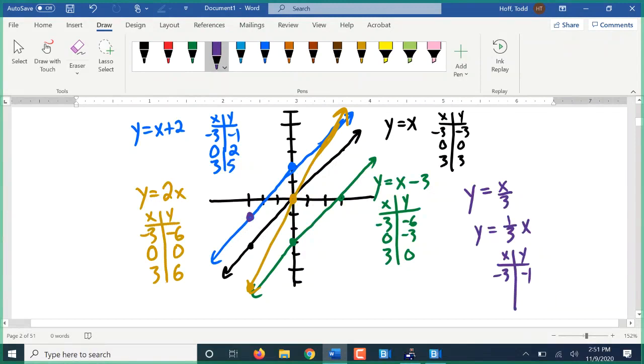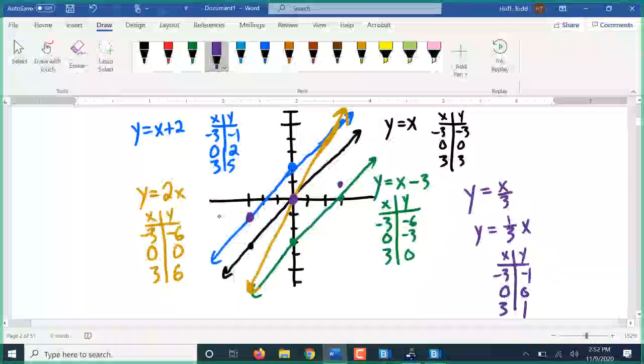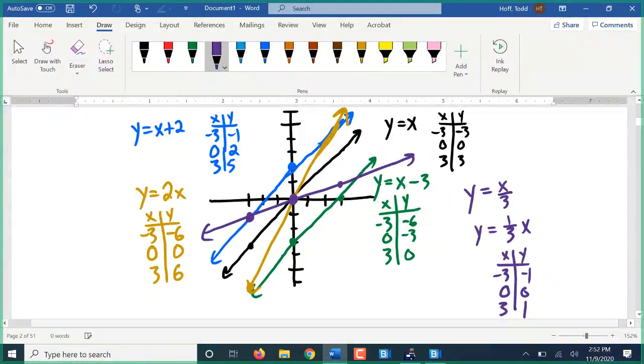The -3, -1 is right there. If x is 0, well, 1/3 times 0 is still 0. Still going through the origin there. If x were 3, 1/3 times 3 is a positive 1. So 3, 1 is right there. So we get that line much flatter, less steep going across the graph, but still through the origin.